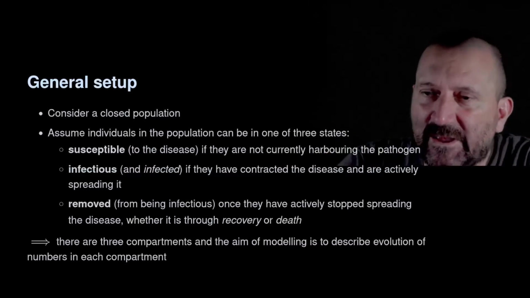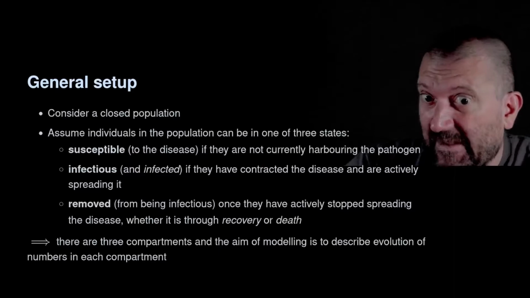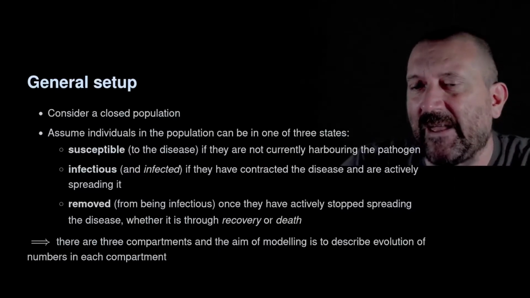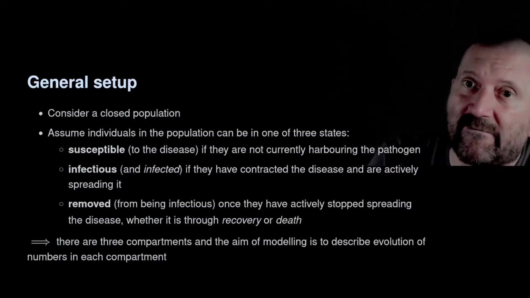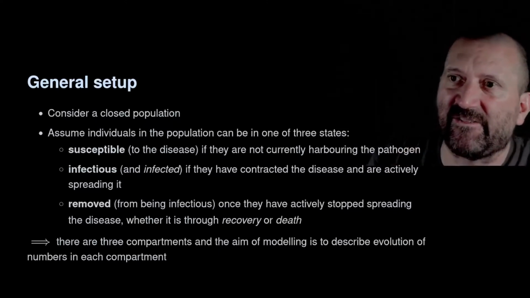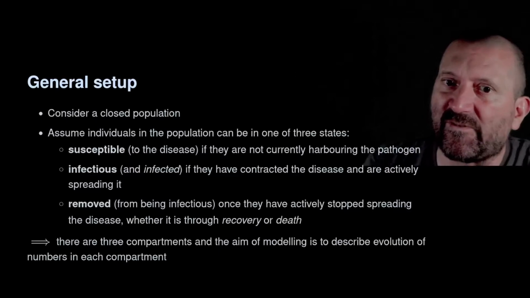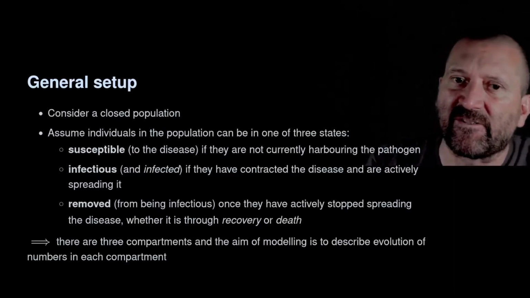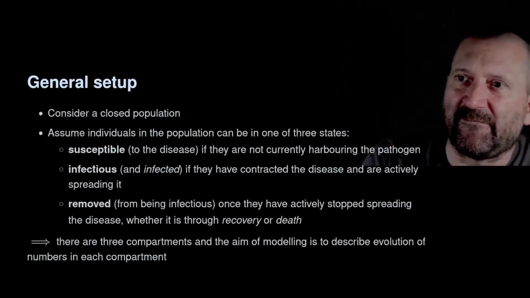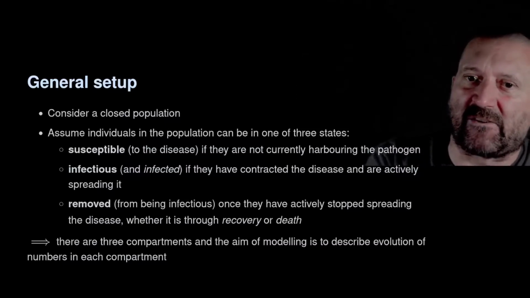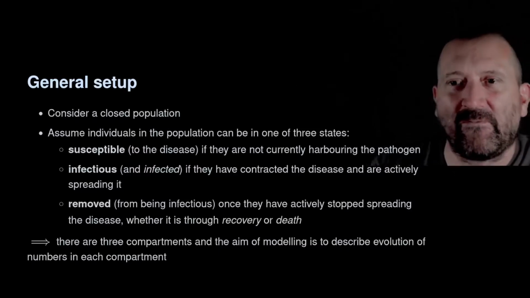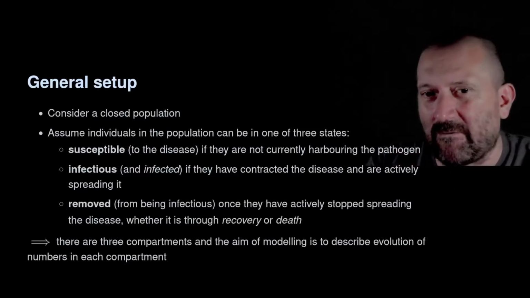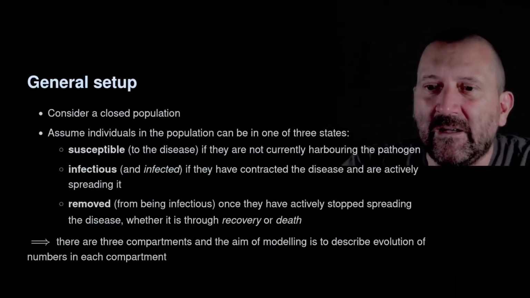Individuals can also be infectious and infected with the disease. If they have contracted the disease, then they're actively spreading it. And this is a simple model, so we don't assume that there is any difference between being infected and being infectious. More elaborate models will make a distinction between these two states, but here we're assuming they're the same.